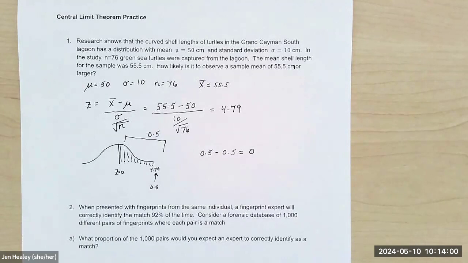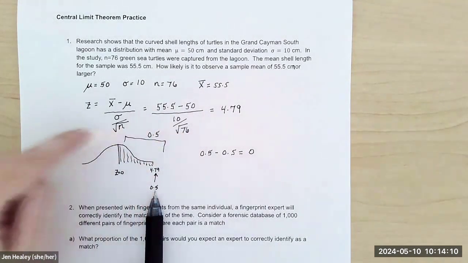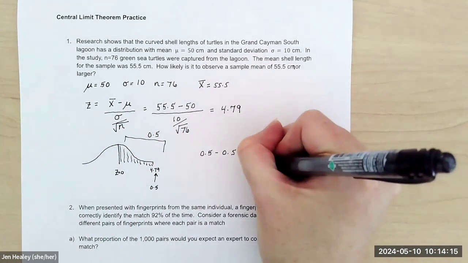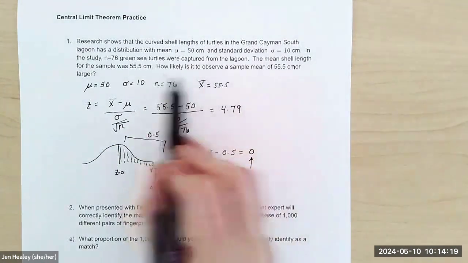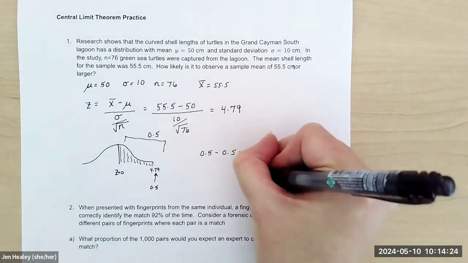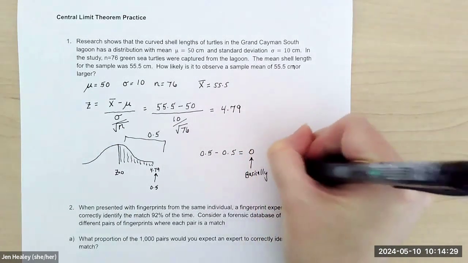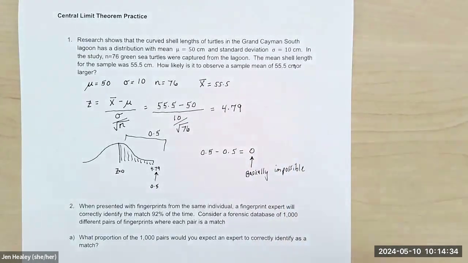But if you were wondering what the table shows you: we went out to 0.5, this whole half of the distribution is 0.5. You take 0.5 and subtract the 0.5, and this is the likelihood, or what percent probability it is that you would observe a mean of that. It's basically impossible. It's so unlikely.